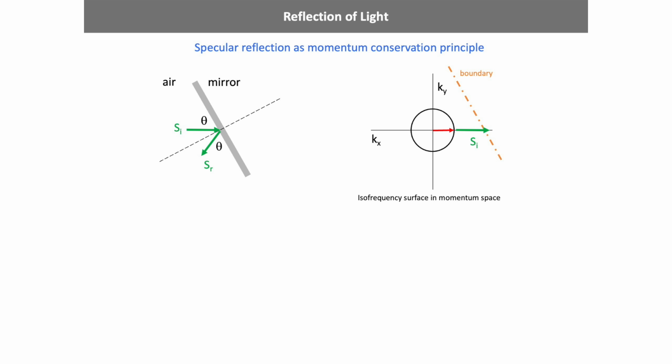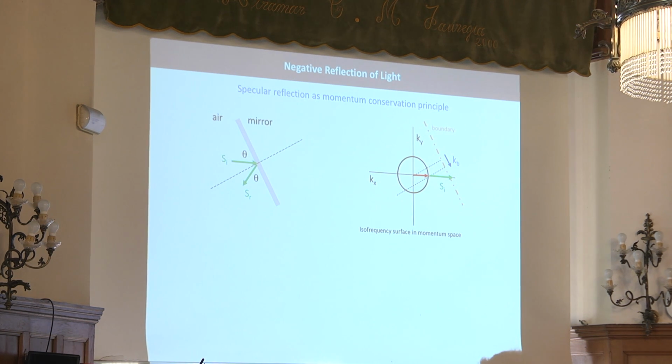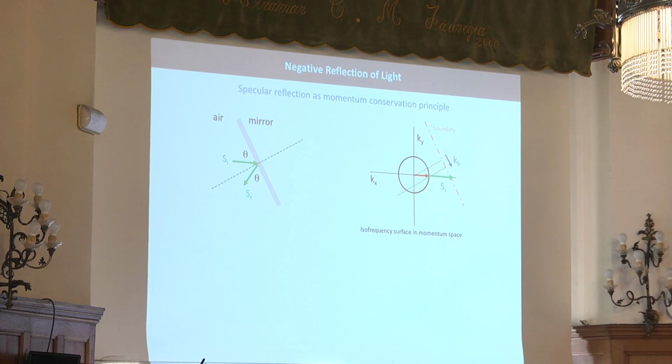So here we have the boundary, we have this wave, which is this Poynting vector, and this is this K, collinear, normal stuff. Now we need to conserve the projection of this K onto the boundary. So this quantity needs to be conserved under the reflection phenomenon.